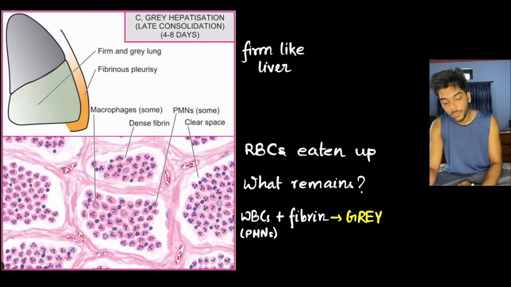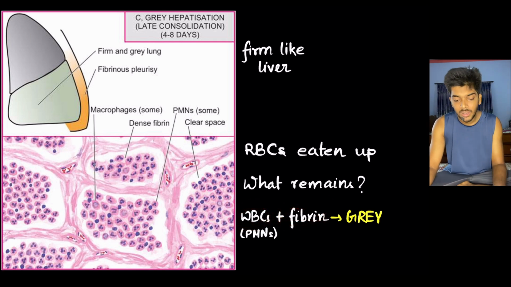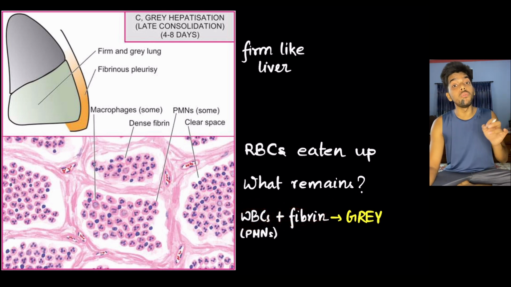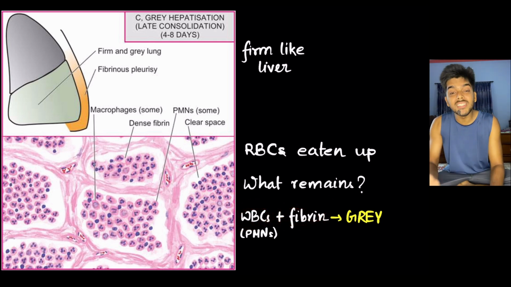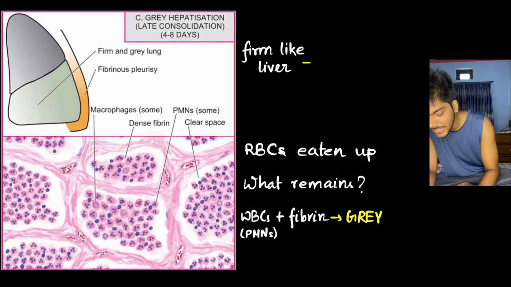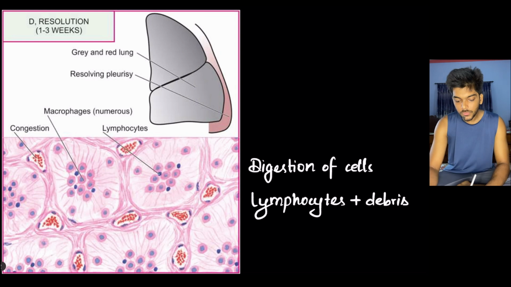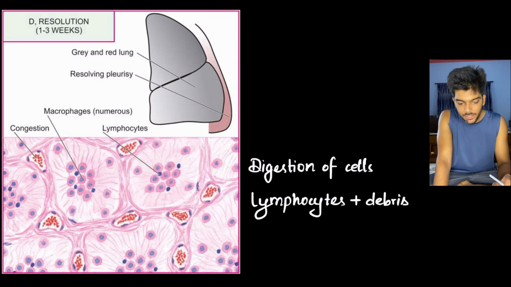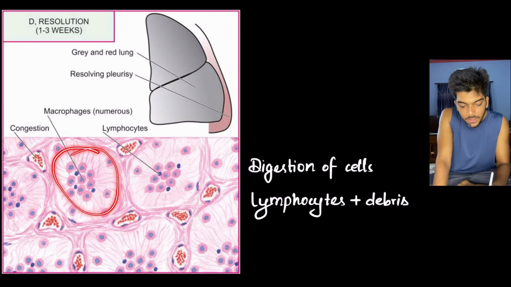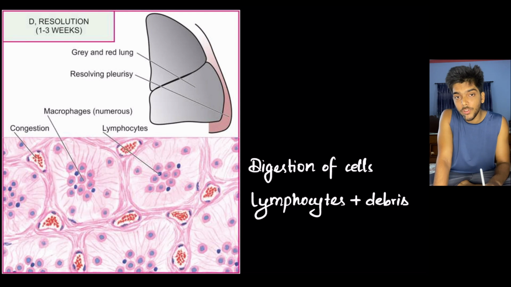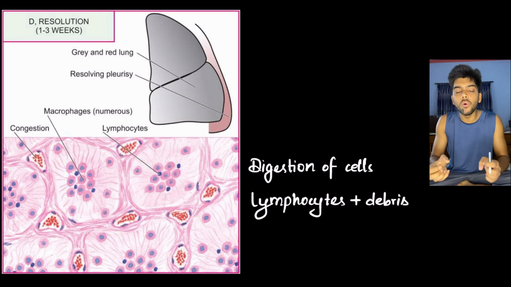Now it's just WBCs and fibers. RBCs are not there. Since the airspace is still filled with cells, the lobe of the lung is still firm, like liver. So this is called hepatization. So the name: gray hepatization.